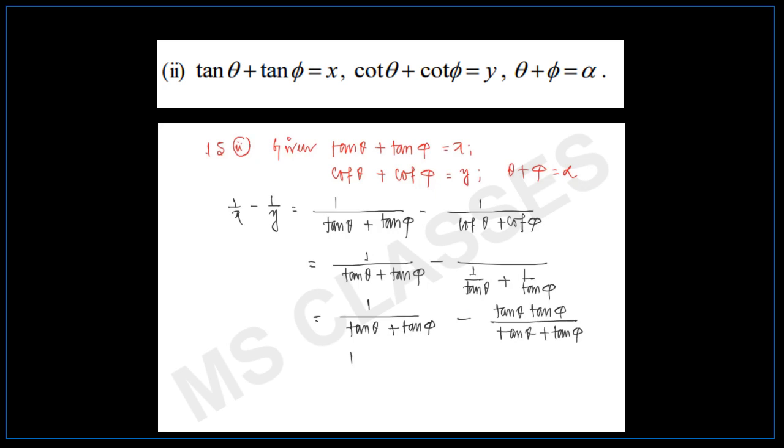Now if we simplify this, in the denominator we have the same part, tan theta plus tan phi, here also, here also. So the numerator we can write 1 plus tan theta tan phi by tan theta plus tan phi. That gives us 1 by tan theta plus phi. That gives us cot theta plus phi. And theta plus phi is given as alpha, so it's cot alpha. Hence, theta and phi both removed.